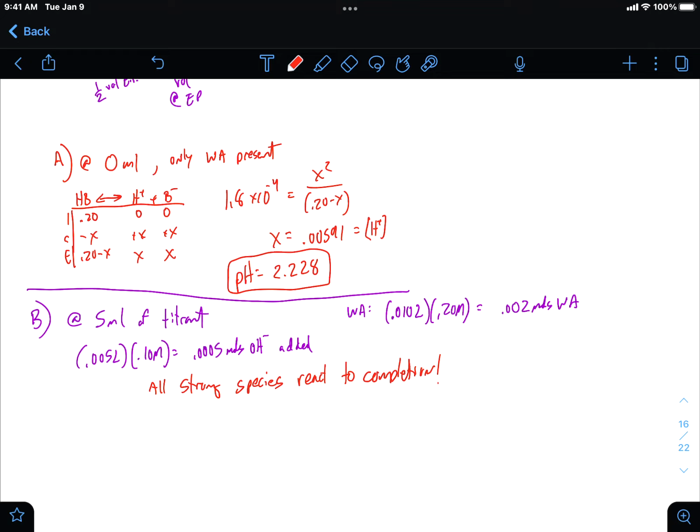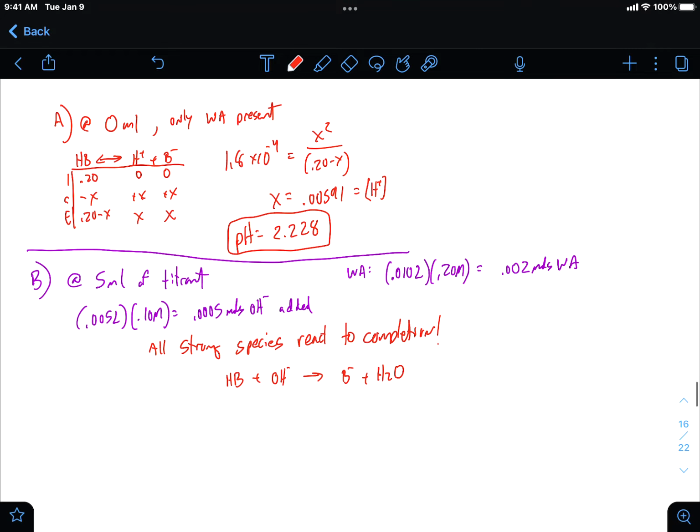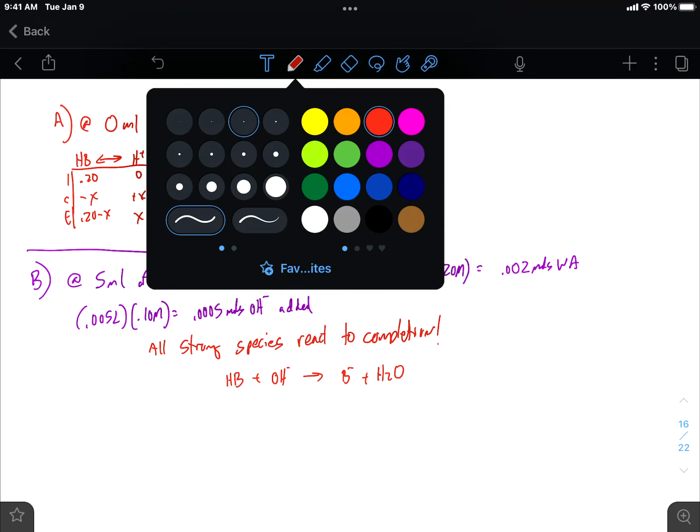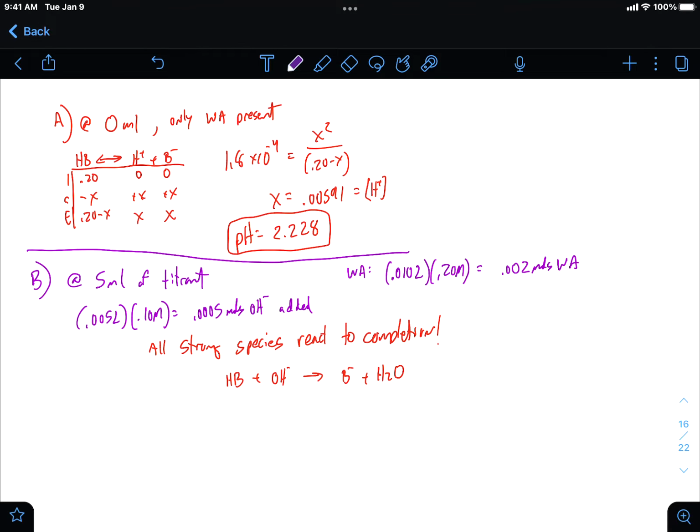So my weak acid, HB, is going to react with OH minus and form B minus and water. So let's think about what we have. We have 0.002 moles of HB.